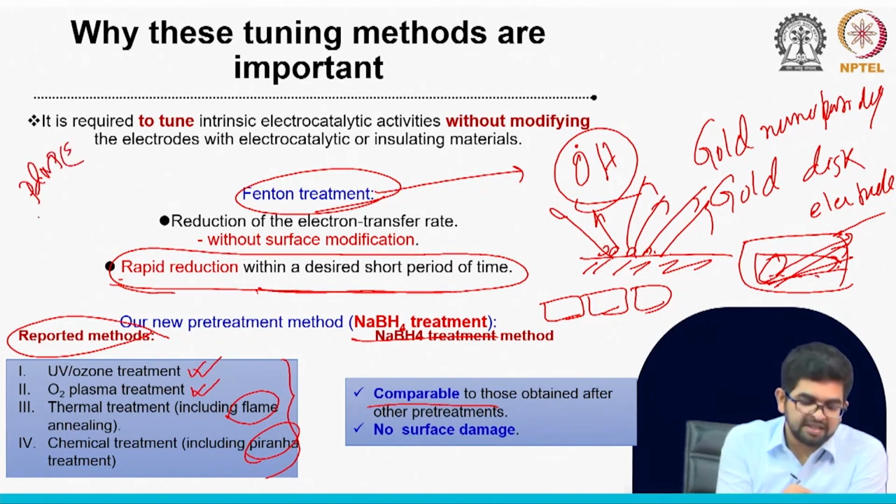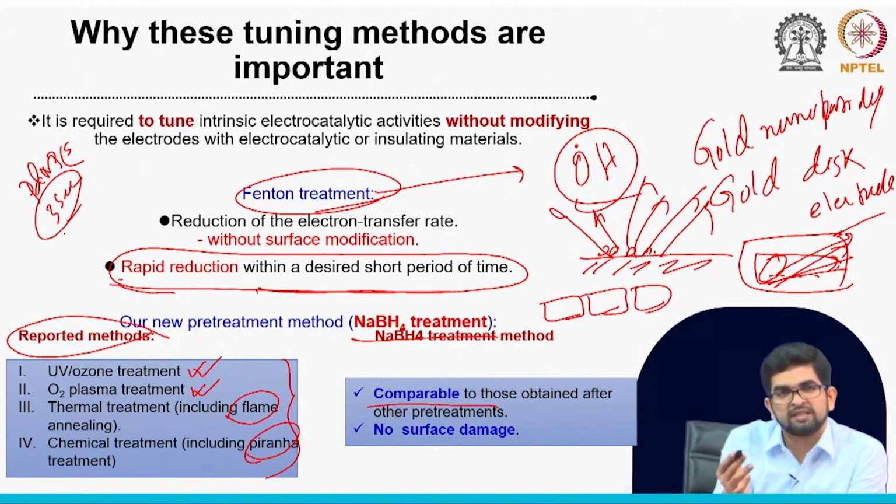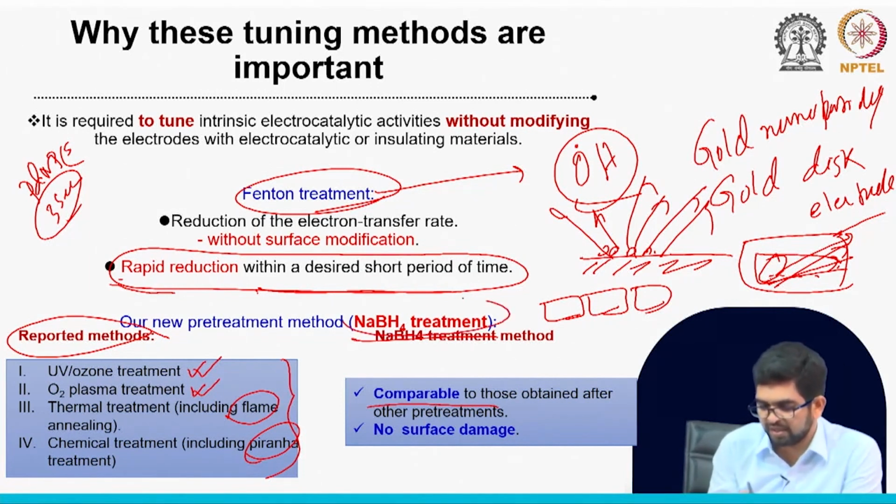In the palladium nanoparticle case, just after the sodium borohydride, how much, like 3 seconds, can you remember? Then it can improve the catalytic activity. And the surface roughness also does not change much, it does not damage the surface. So that is why it is a very, very simple treatment method.